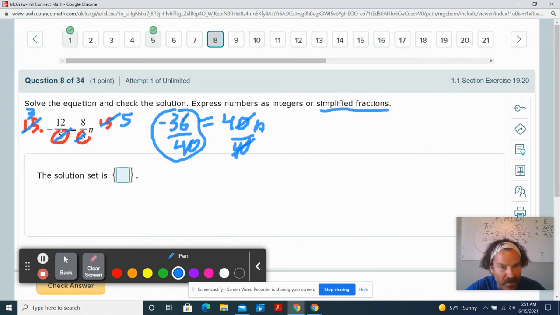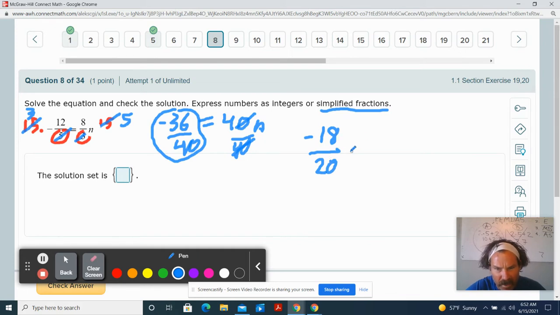So negative 36 over 40 is not simplified because 36 and 40 are both even, so they can be divided by 2. If you take half of 36, you get 18. And you take half of 40 and you get 20.